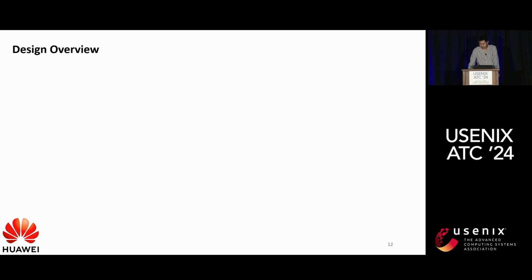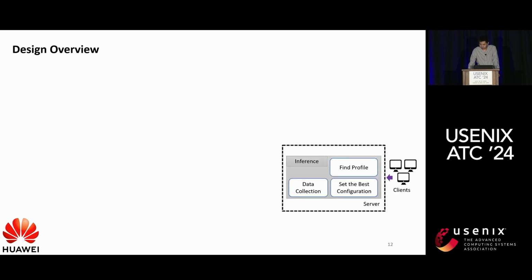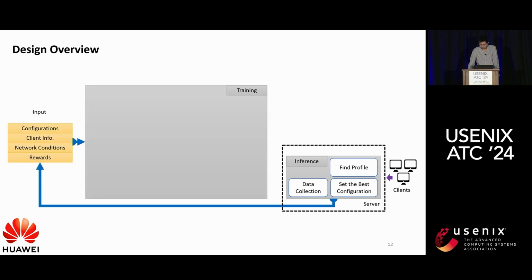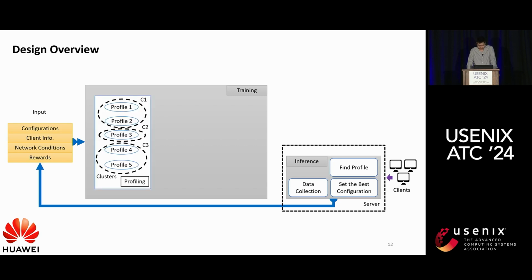Putting it all together, the design overview of Config-Snob is shown here. First, client requests are received. Then, based on the extracted profile information, Config-Snob sets the associated configurations. We build a module to collect all the data, such as assigned configs, profiles, network conditions, and rewards, and send it to the training server periodically.